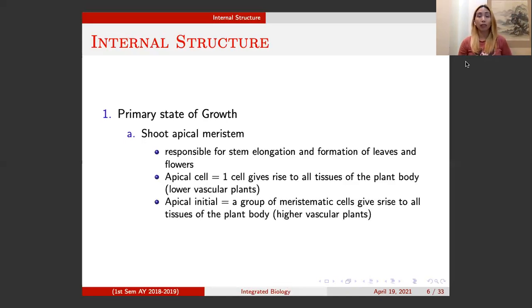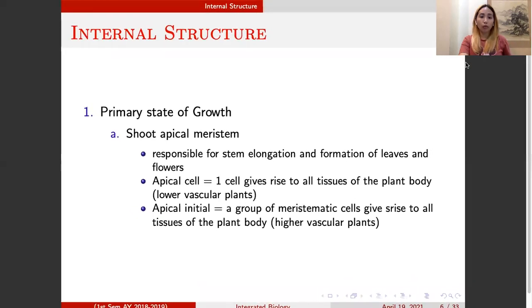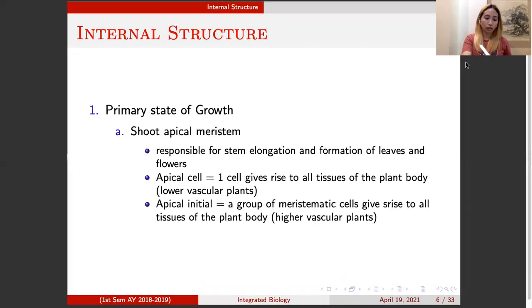would be the shoot apical meristem. The shoot apical meristem is more famous for the term SAM. We call it SAM, shoot apical meristem. The shoot apical meristem is the region of the plant at the tipmost part that is highly responsible for elongation of the stem and formation of the leaves and flowers.